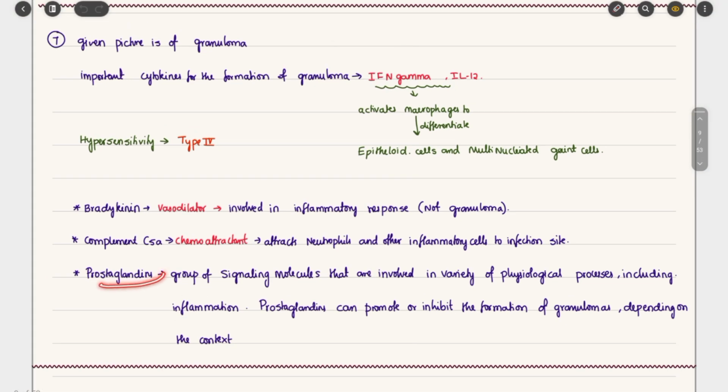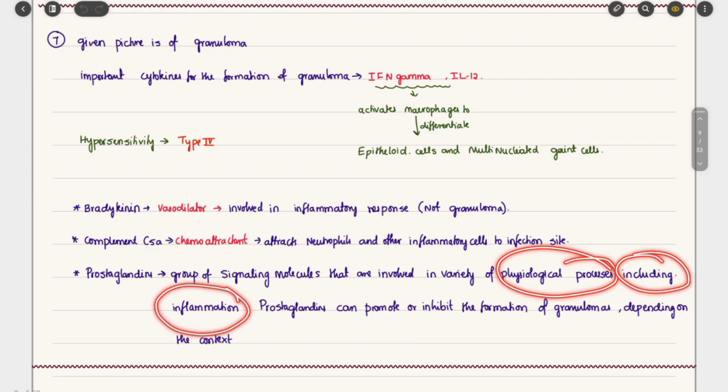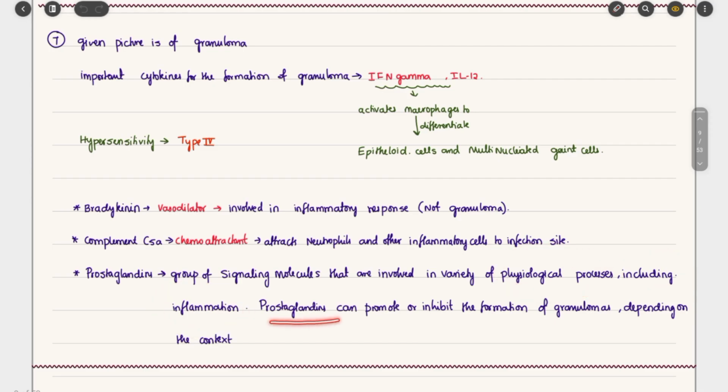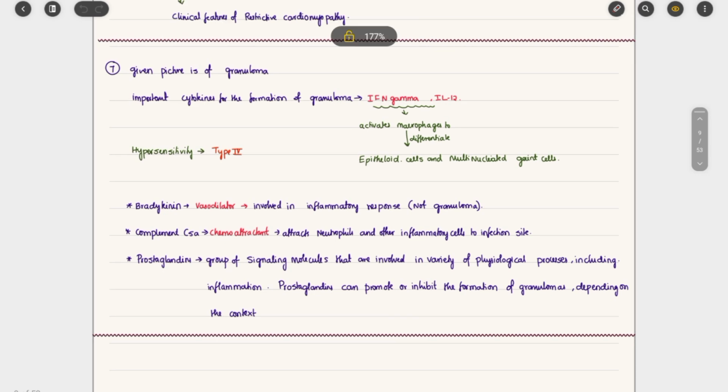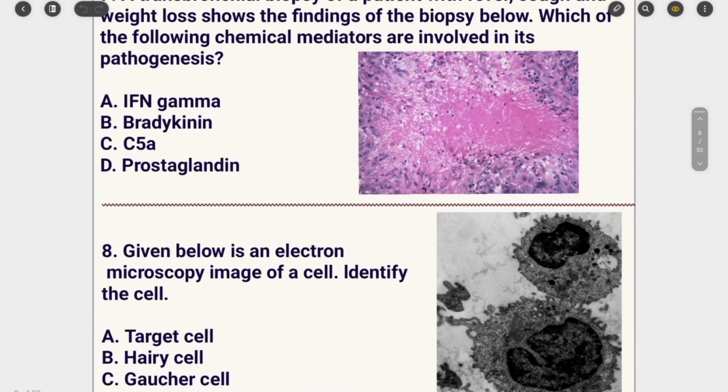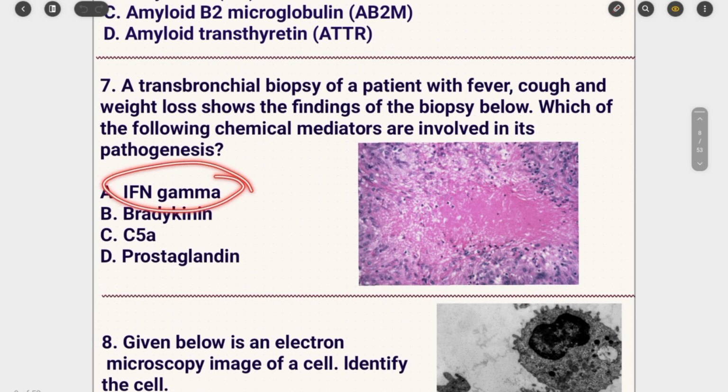Whereas prostaglandin, important thing, that is a group of signaling molecules that are involved in variety of physiological processes including inflammation. The prostaglandin can promote or inhibit the formation of granuloma depending on the context. Okay, it has both stimulant and inhibition effect also. But here the granuloma G for G, that is interferon gamma.